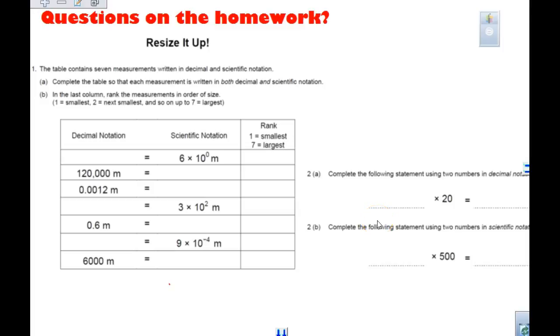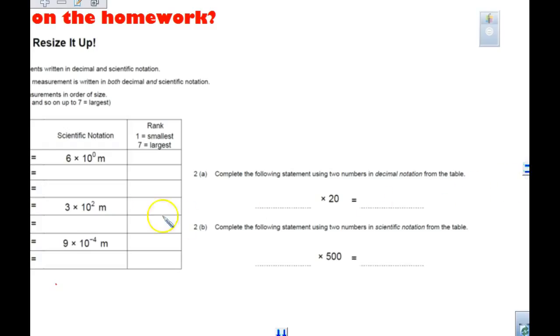Question number 2, once I have my ranking, is saying, well, what could I take one of those numbers times 20 and get something else? Did anyone come up with one of our numbers that possibly would have worked from that very first column? Anyone have any of them? Like 300?